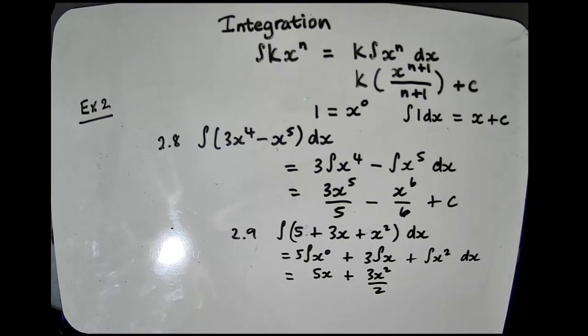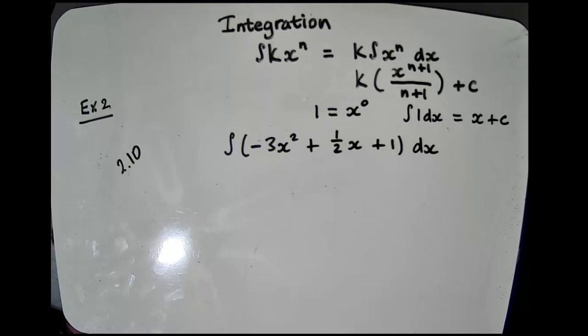Adding 1 to the exponent there, that was x to the 1, so 1 plus 1 will give us 2. Copy the exponents in the denominator. The next one is x squared, so there'll be x to the 3rd over 3. Plus 1, copy the exponents to the denominator, plus c. Right, and that is 2.9.